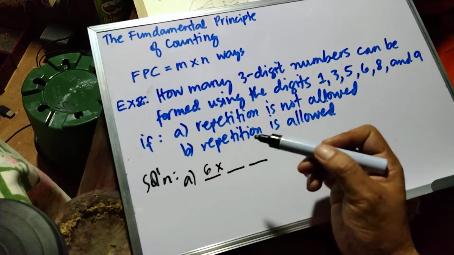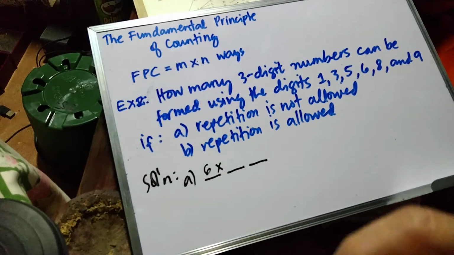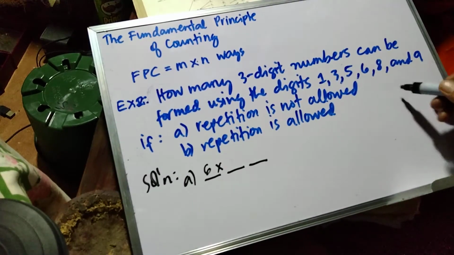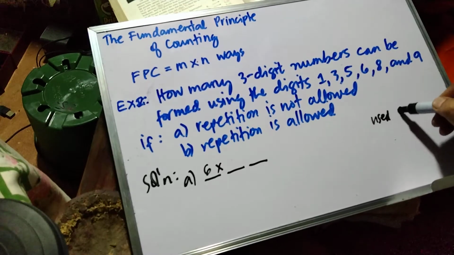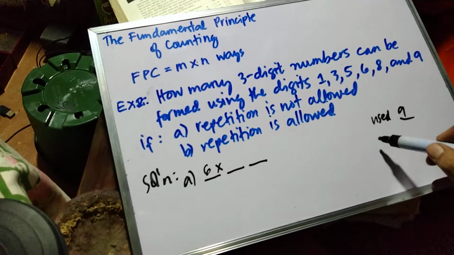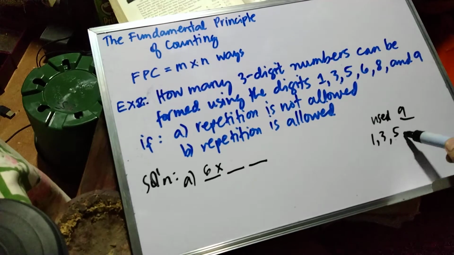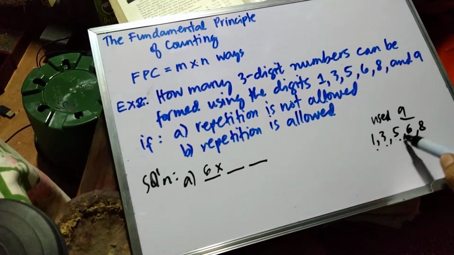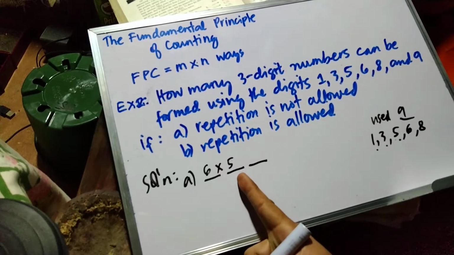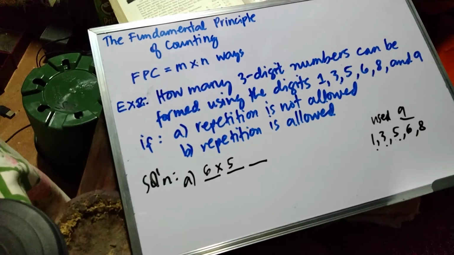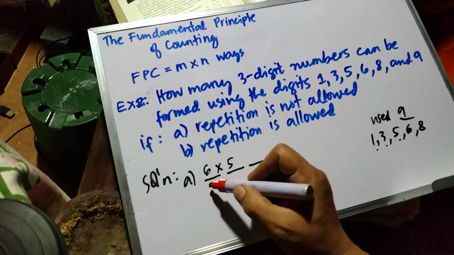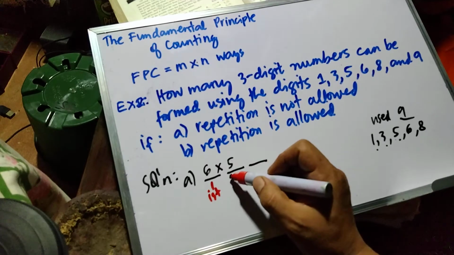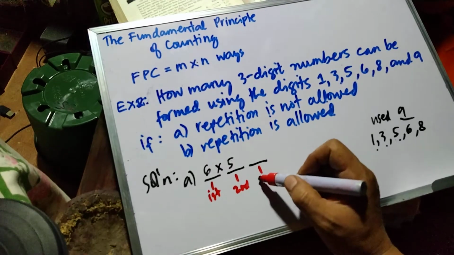Okay, second, what if I give you an instance that we already used 9? So what remains are 1, 3, 5, 6, and 8. So how many choices are left for the second digit? We have 1, 2, 3, 4, 5. So we have only 5 choices for our second digit. This is for the first digit, second, and this is for the third.